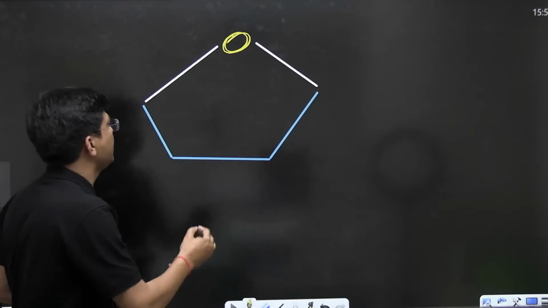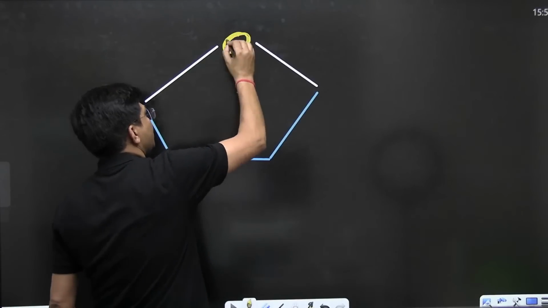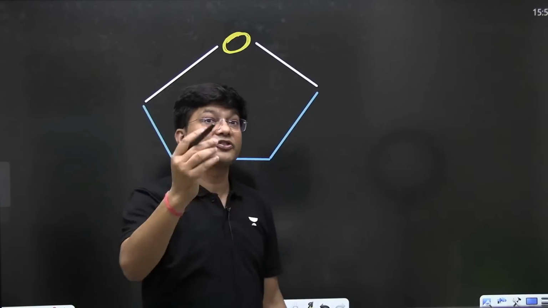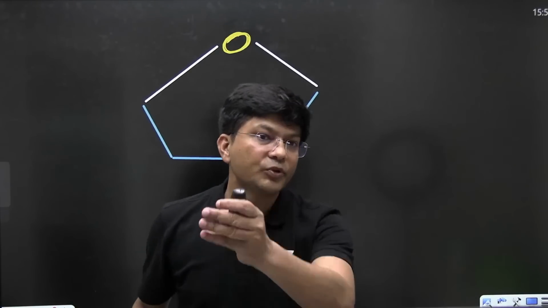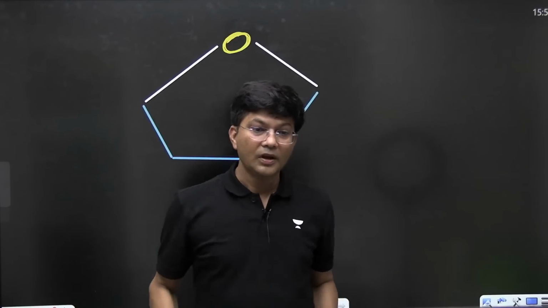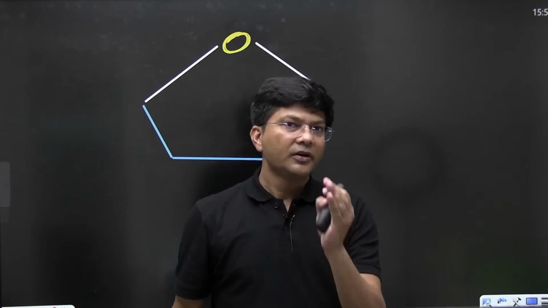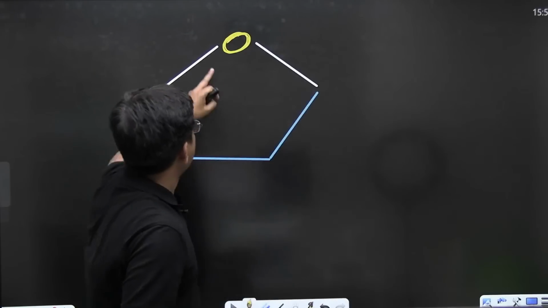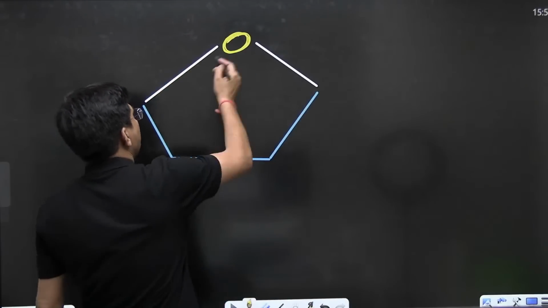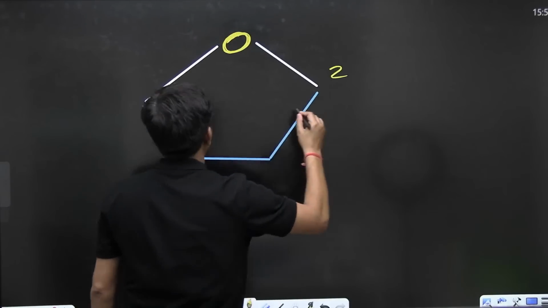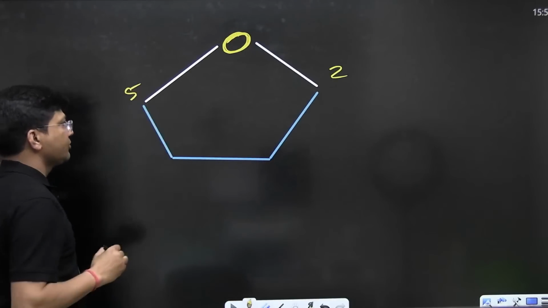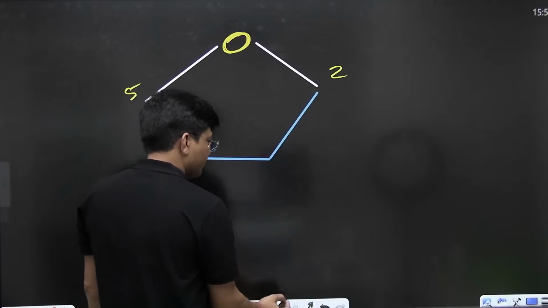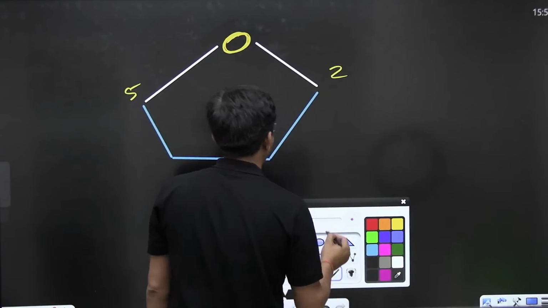The first and fifth carbon or the second and fifth carbon? If you are able to understand this point, then you can kill this chapter. This oxygen was making a bridge in between the second carbon and the fifth carbon. Am I right? Do let me know in the chat section.